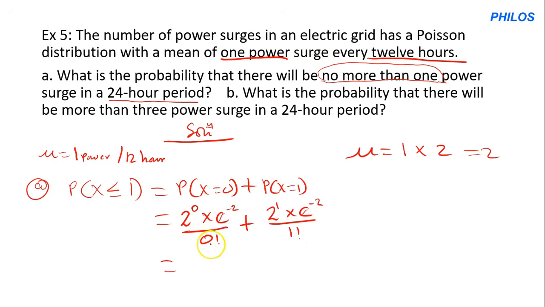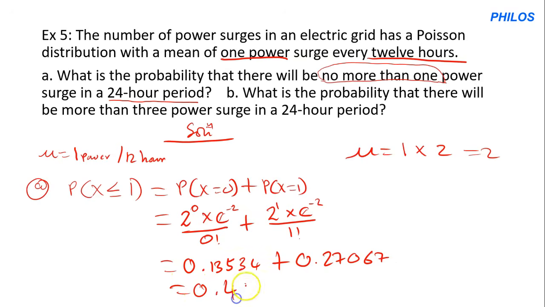On the calculator, the first one gives 0.13534, plus the second one gives 0.27067. Adding them together, the final answer is 0.40601. So the correct answer for question A is 0.40601.